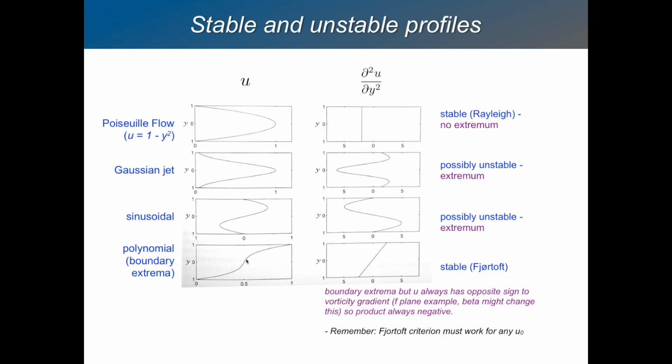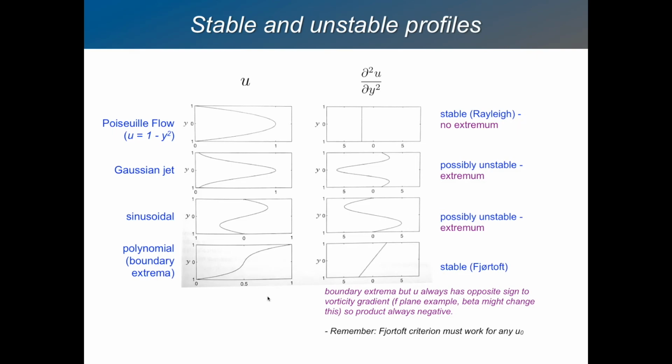But what you need is for this thing to have the same sign as minus this thing, for the product to be positive somewhere in the domain. And that's got to be true for all values of the constant u naught. So if you look at this, and then you look at minus that, they've always got opposite signs, which means the product of the two is never positive.